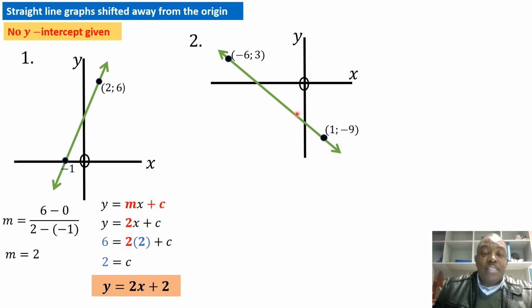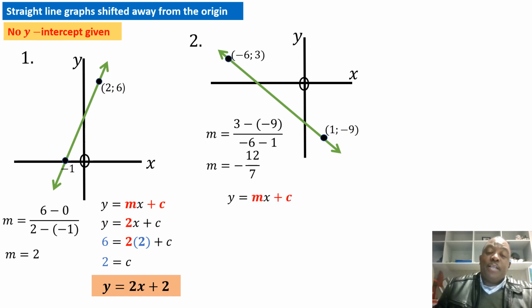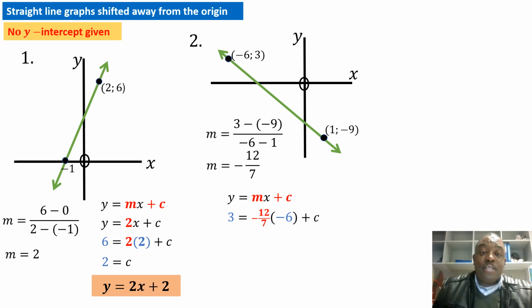Again, no y-intercept given. Okay, let's find the gradient using our formula, and we get our gradient. And then once we've got our gradient, we can go to the standard form, build the equation, and help us find c. So substitute what we've got, and don't think everything is always going to come nicely. You can get fractions for gradients. And again, remember, you can substitute everything at the same time to cut down unnecessary steps.